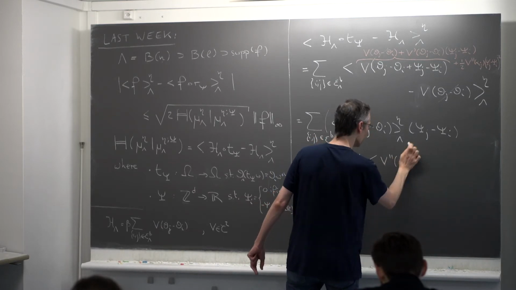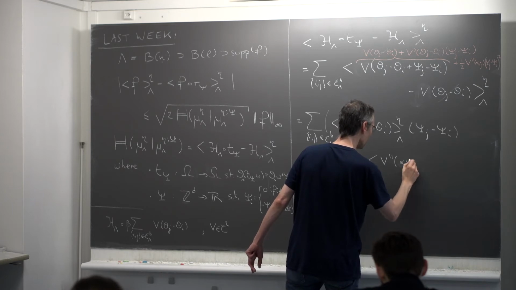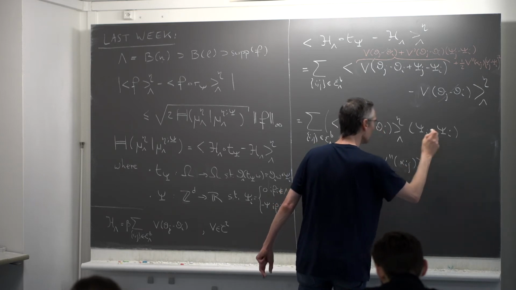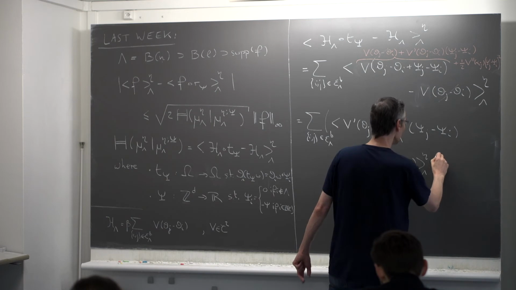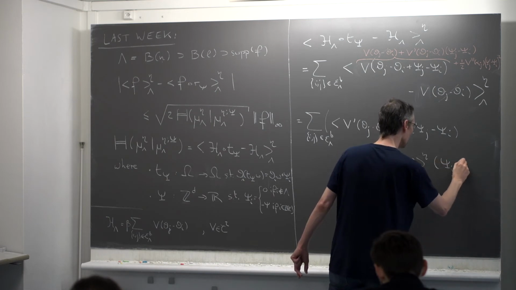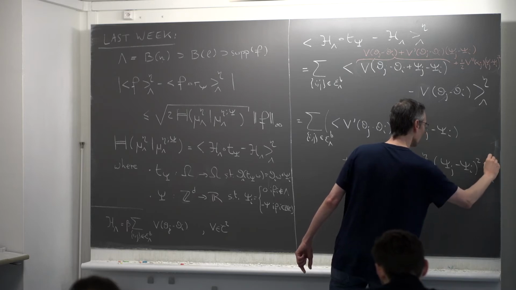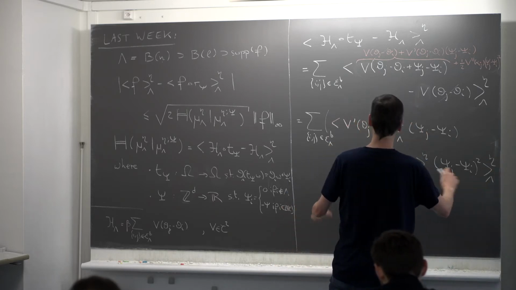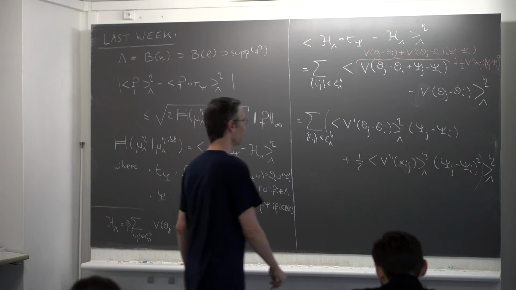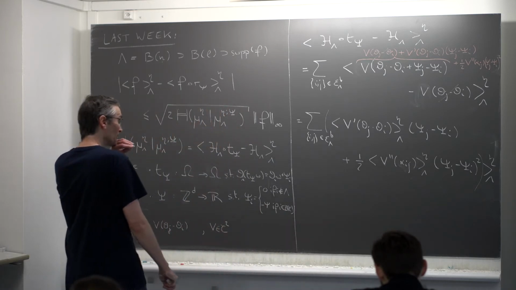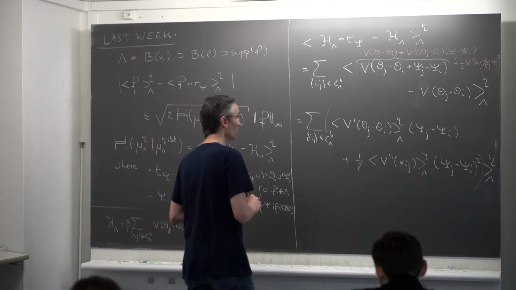No, it was this alpha ij. Lambda eta. We'll get rid of this very quickly. Psi j minus psi I square. And there is a parenthesis here. Okay, so that's what we are left with.